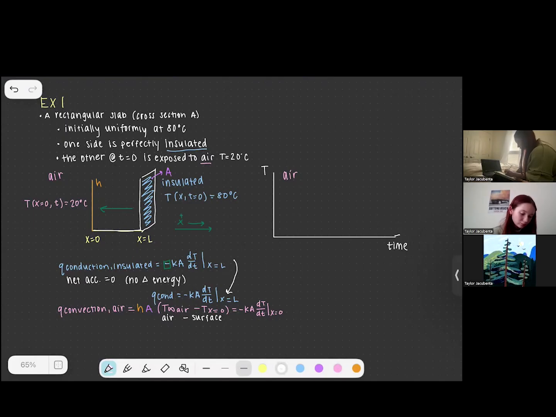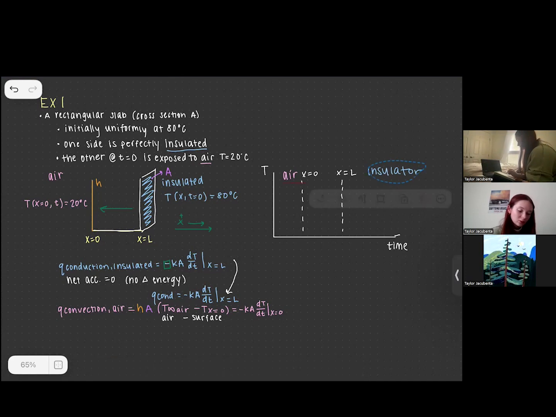So we have our air next, and it is bordered by the left side of the slab, which we denoted as x is position 0. The right side of our slab is x equals L, and then we have our insulated side, or our insulator.